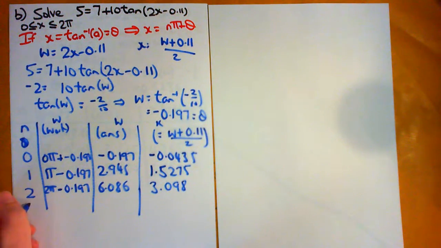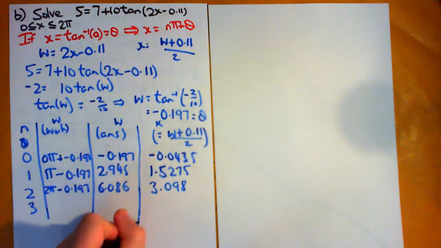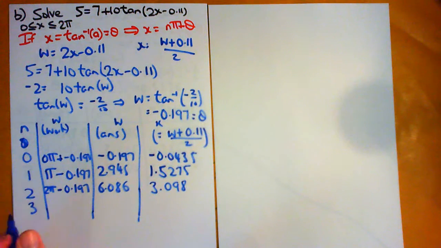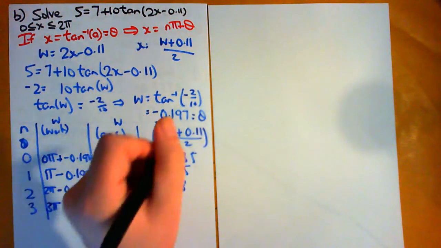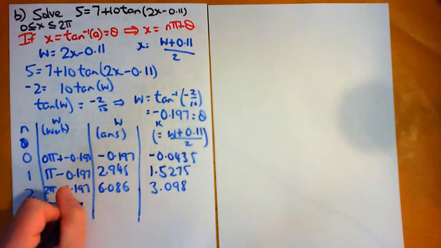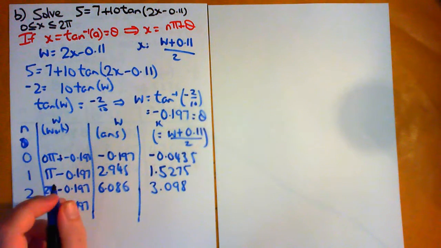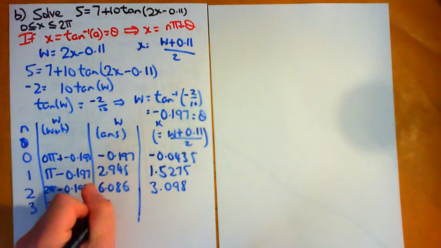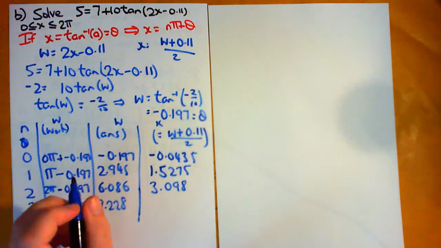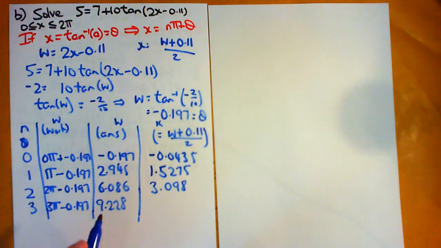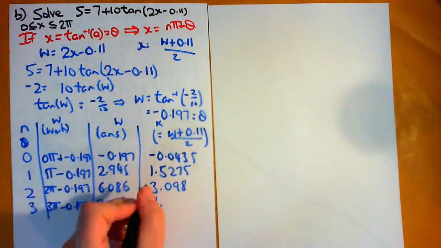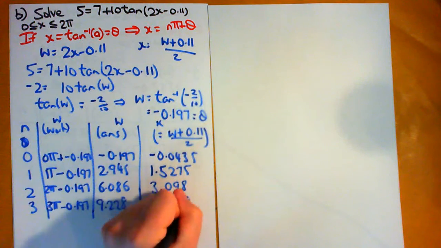So we've still got a little bit of space to go. We're trying to keep going until we've got all solutions before 2 pi. So n equals 3, this is going to be 3 pi minus 0.197, which gives us 9.228. And then 9.228 plus 0.11 over 2 is 4.669.